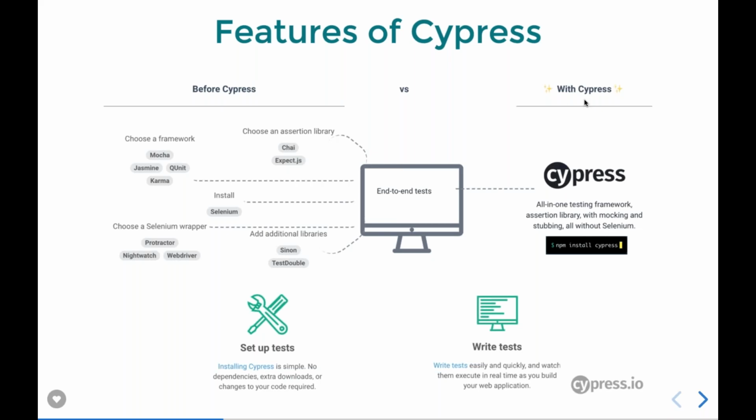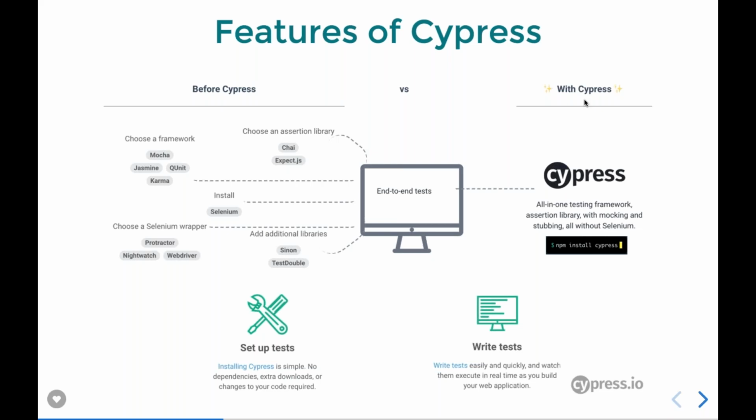But if you take Cypress, on the other hand, it is an all-in-one testing framework, which means it has everything in it. It has a test runner, it has the test framework, it has the assertion library, it has the mocking feature, it has stubbing, and everything within one particular package.